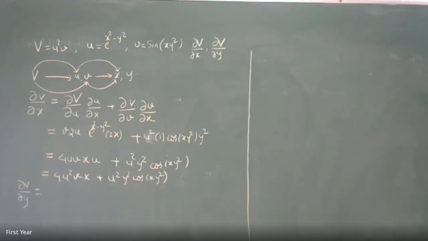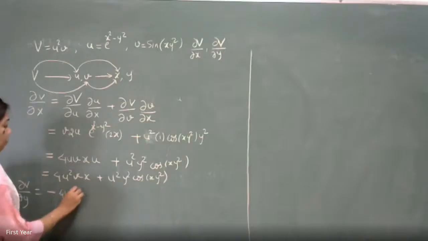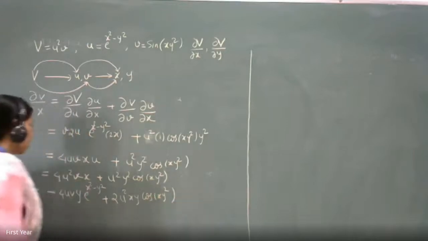Try to tell me the second one now. The second one is minus 4uvy into e to the power x square minus y square, which is again u, plus 2u square xy cos xy square. Everybody, please check whether this is the answer.